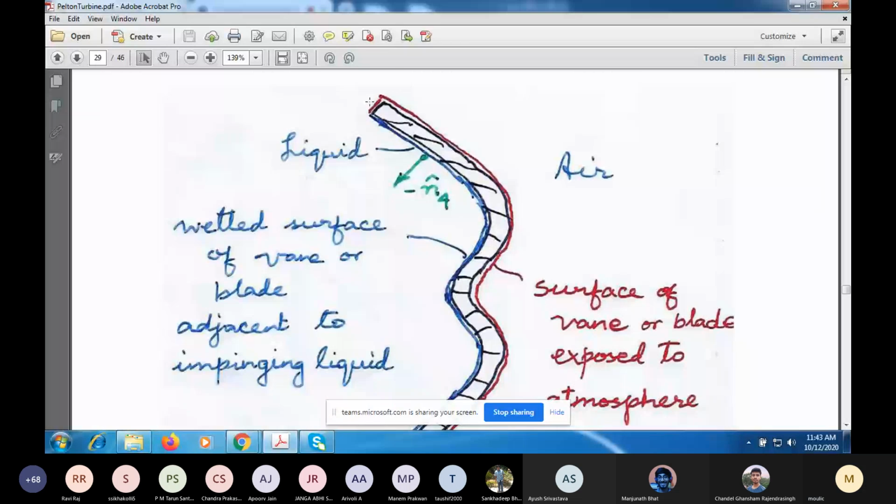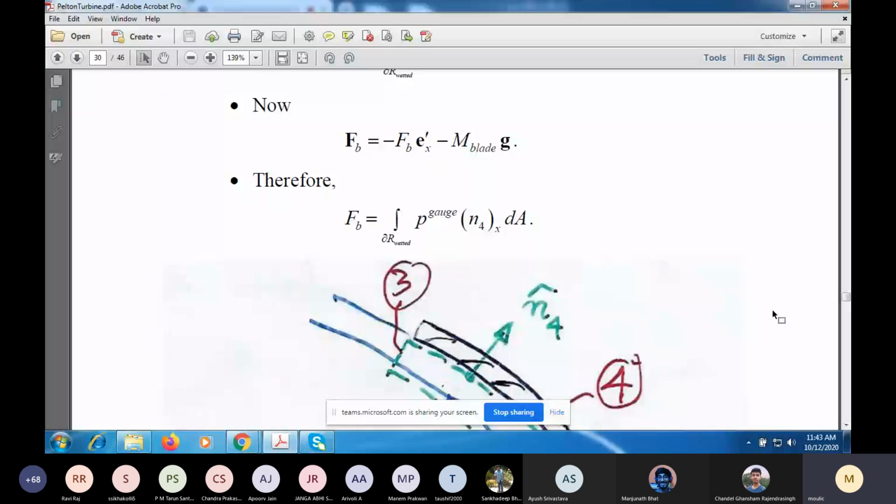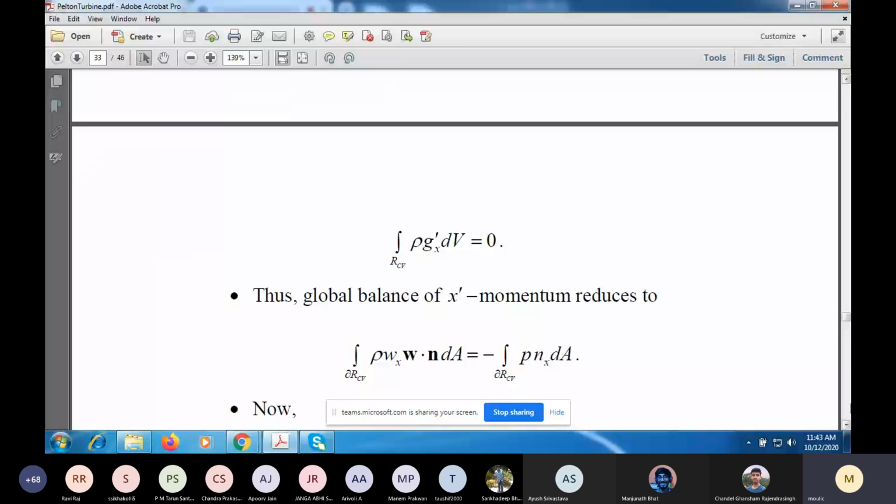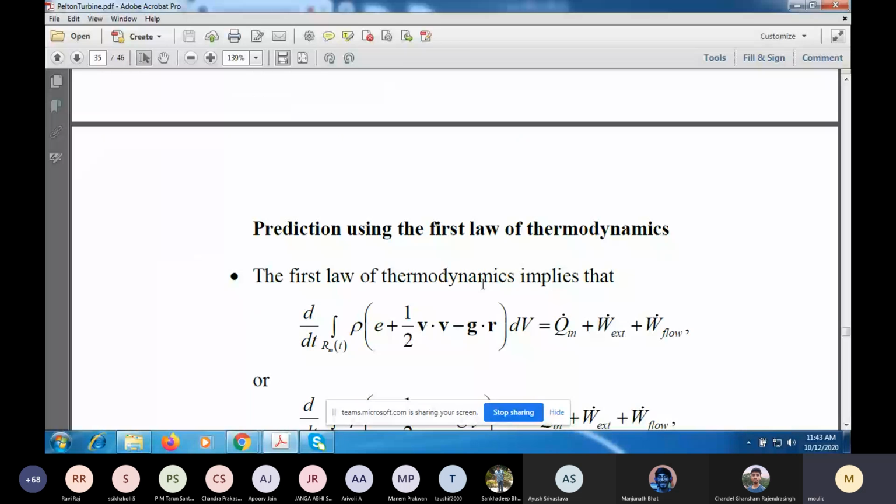Now you might have recognized by now that this course is about energy conversion. Professor P.K. Das is talking about power plant engineering. There also you're trying to convert energy in the form of heat to useful work.